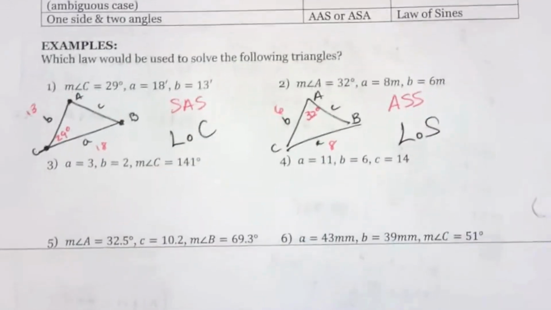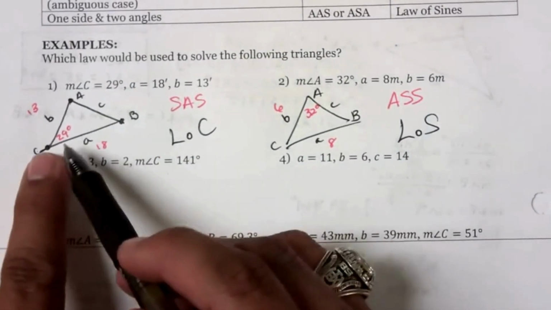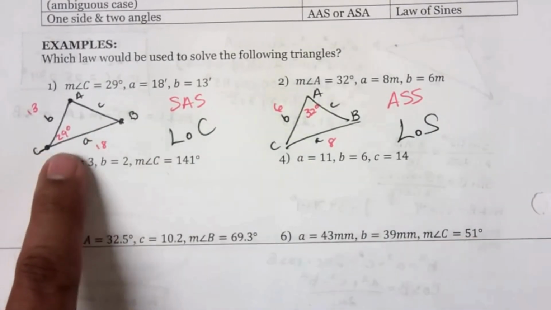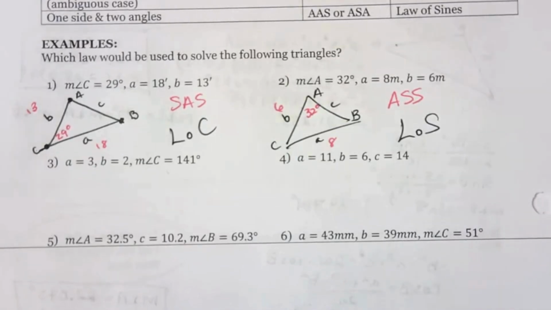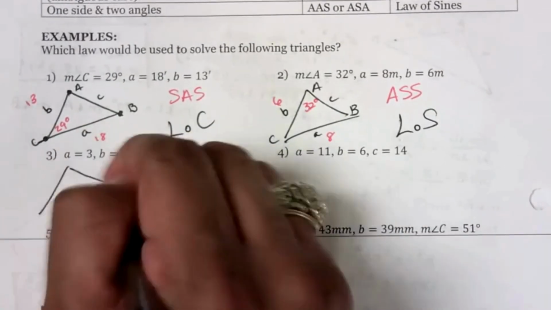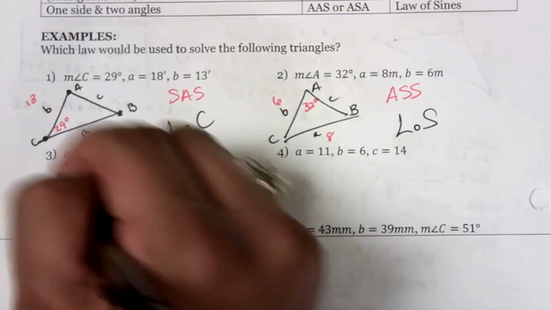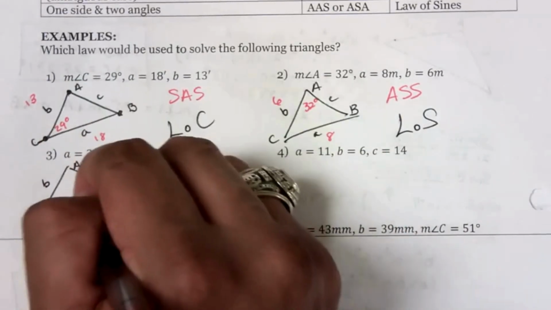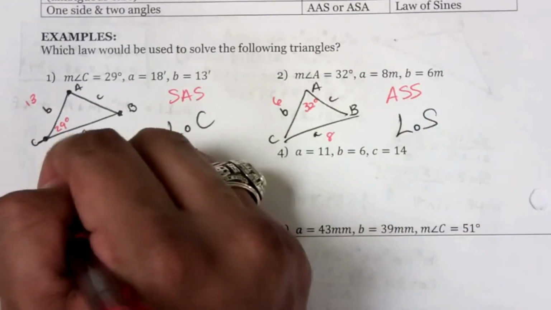Again, a good way to tell is if you're given both parts of the information. Here we're not given both parts of C, both parts of B, or both parts of A. Here we have both parts of A in order to use law of sines. So A, B, C. So we have 3, 2, and this is 141.